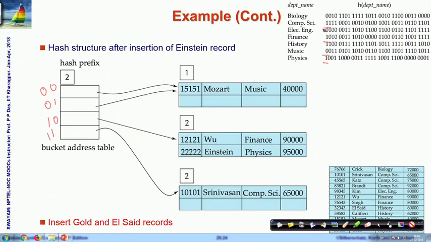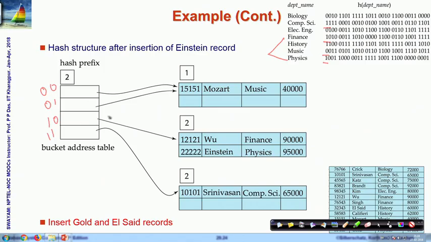So, now I find that after I have moved from looking at one bit of prefix to 2 bits of prefix, finance and computer science, which was earlier together because I was looking at one bit, now becomes different, but finance and physics both come to the same 1 0.